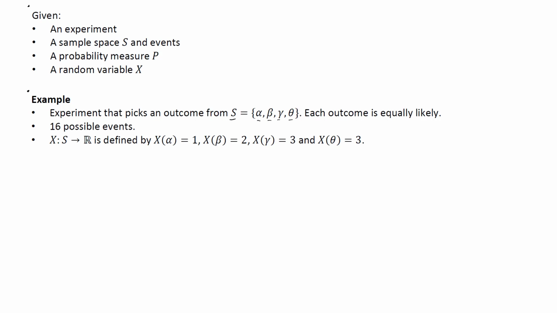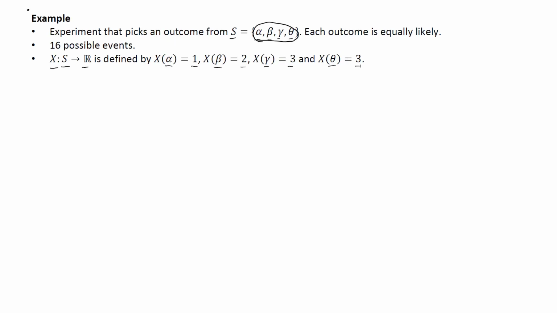I have defined a random variable, which I call X. This is a function from S, that is from this set here, onto R, and it maps in the following way. It maps alpha to 1, beta to 2, gamma to 3, and theta to 3 as well. The first thing we will consider is this notation, {X = x}, as a set.